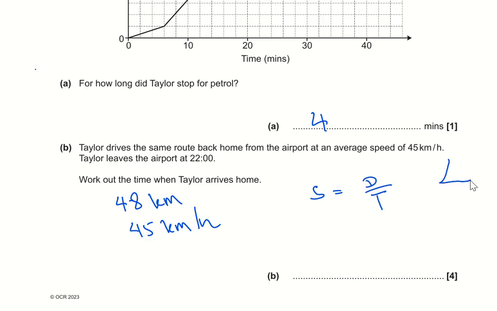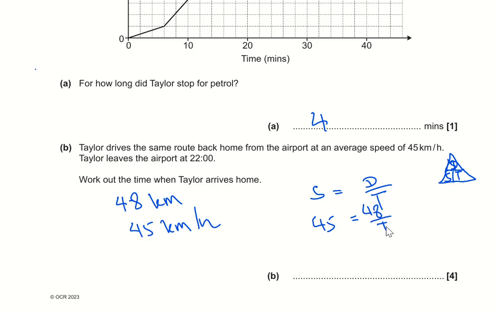I'm going to write the formula: speed equals distance divided by time. Otherwise, you can draw your triangle. Speed is distance divided by time. Now I know the speed is 45 and distance is 48 divided by time.